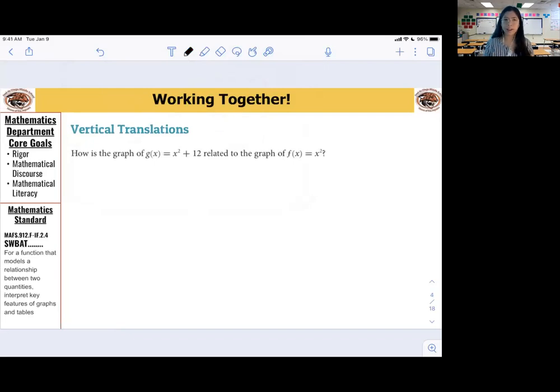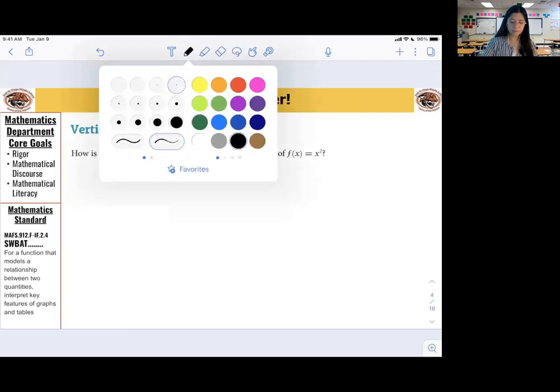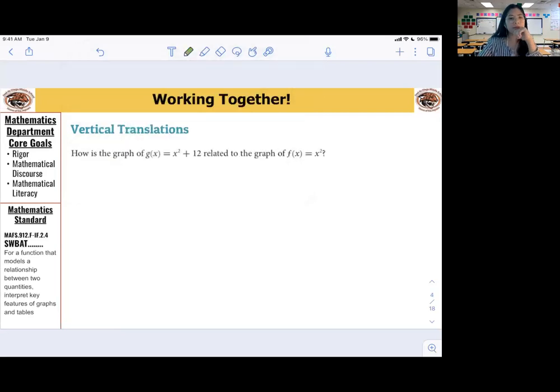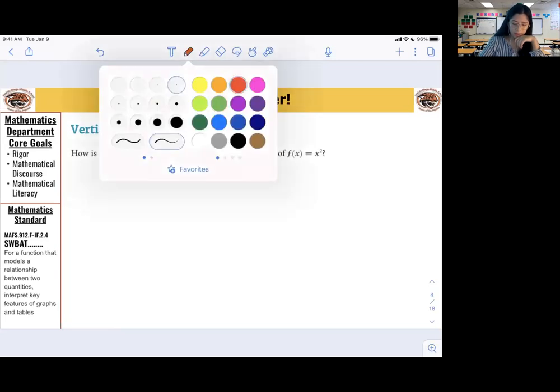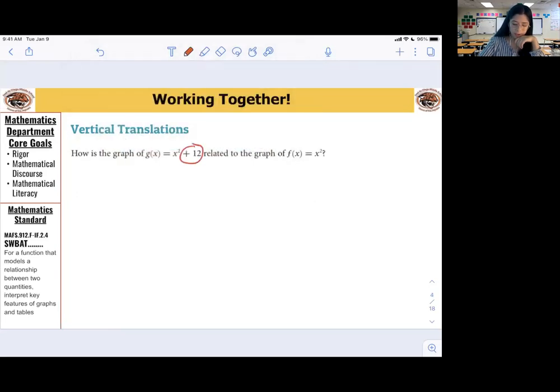So just looking at the numbers, who can tell me how is the graph of g of x equals x squared plus 12 related to the graph of the parent function? What changes? They add 12. So this right here is my k.